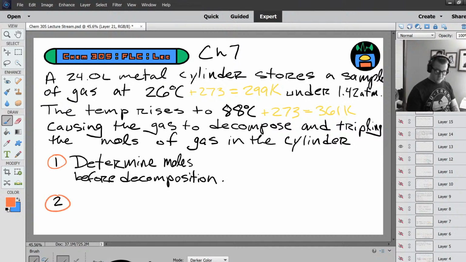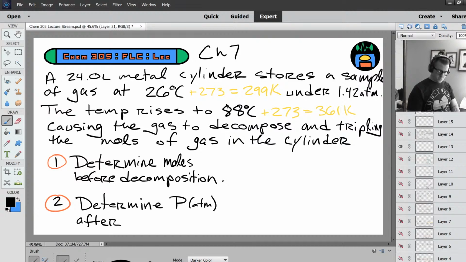Second, we're asked to determine the pressure in atmospheres after the decomposition.